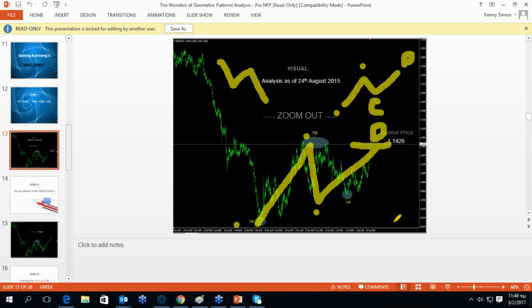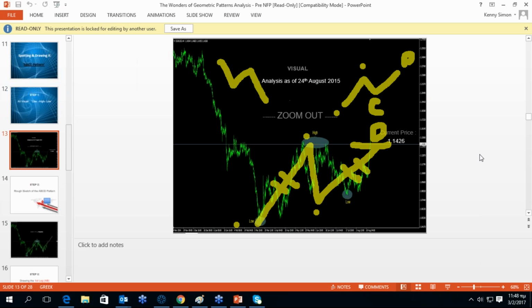One very simple rule for understanding where D could go is to have the AB length equal the CD length. I'll show you on the chart in a minute, where you draw your A to B, then drag it across, and you can get that prediction of D. That's your first option for looking at where D could land.